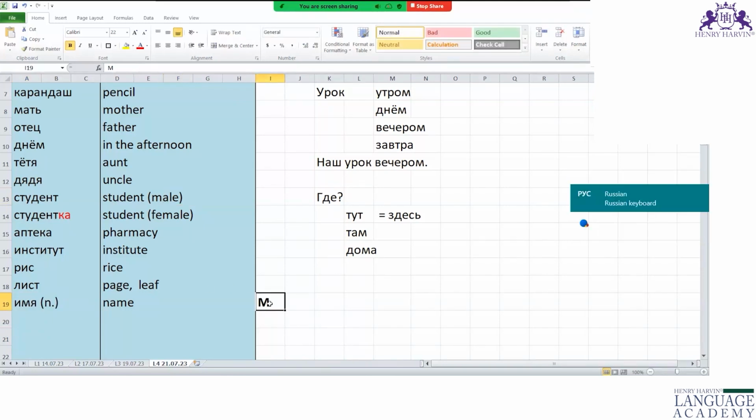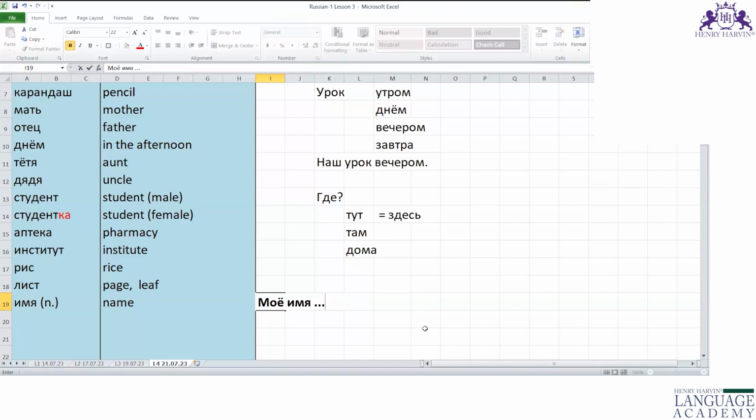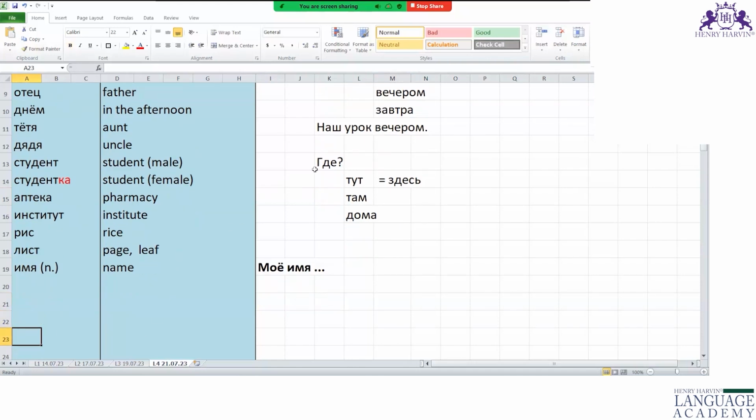So when you say about your name, you say мое имя, and then you say your name. Мое имя Татьяна. My name, мое имя. It's a neuter gender here. It's an exception.